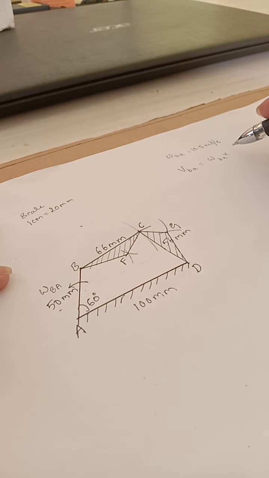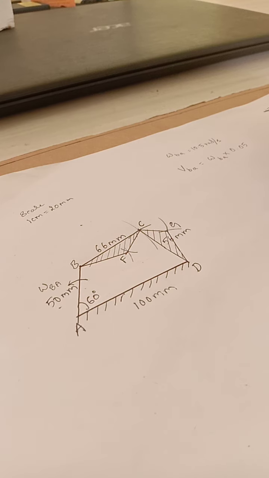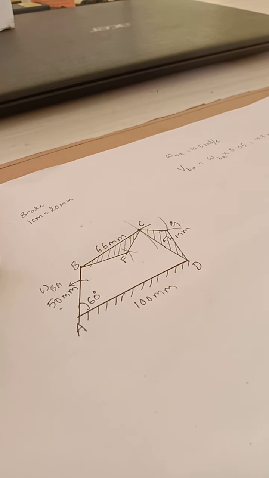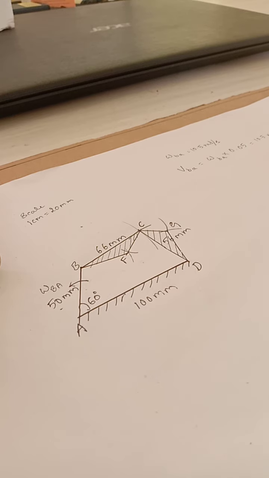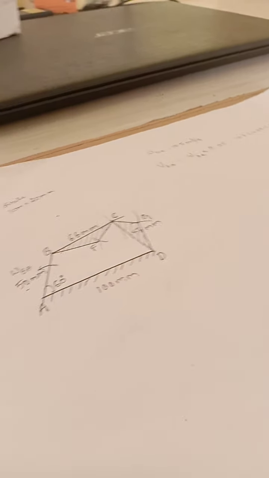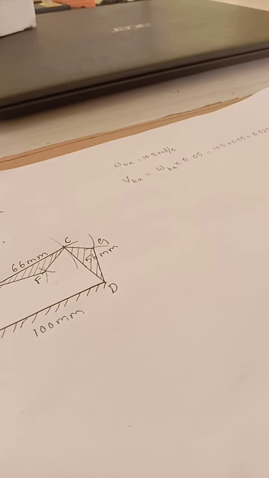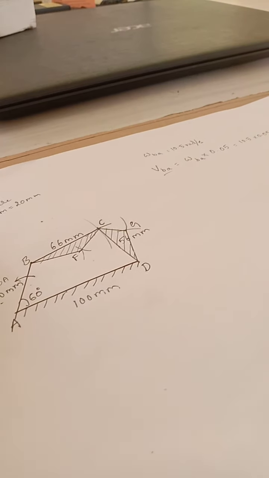I will take it in meters, that is 0.05 meters. So VBA is equal to 10.5 into 0.05, which is 0.525 meters per second. Right now I have only this data.